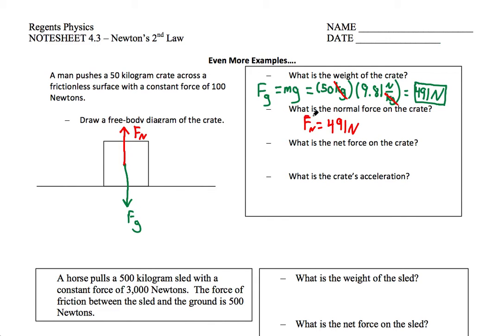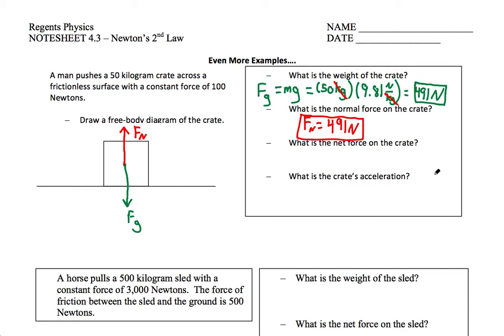And like I said in class, you might be thinking to yourself, if we're calling both of these positive, that's not quite right, because this one's up and force of gravity is down. Shouldn't force of gravity be negative? You can talk about it that way, and we're not quite there yet, talking about forces as vectors, but you would be correct with the concept that they are going in the opposite direction for sure.